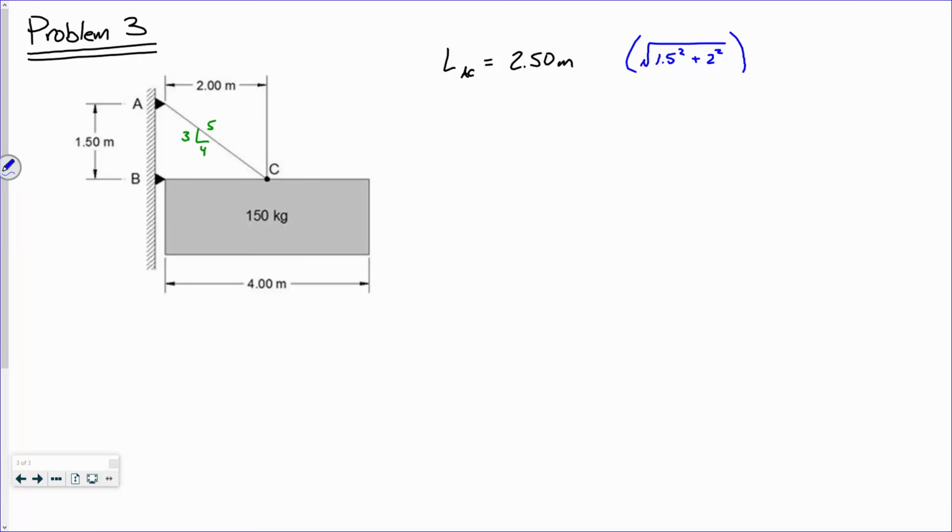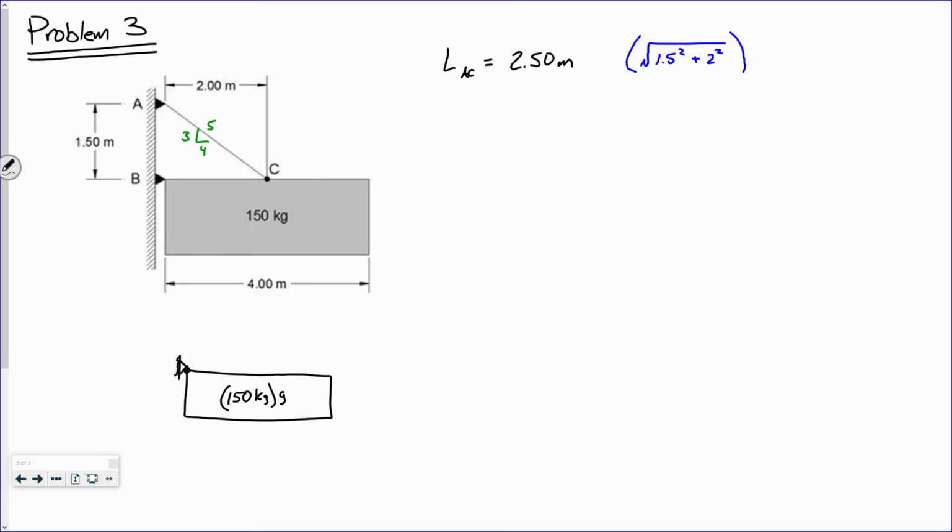Now, what I'm going to do is re-idealize this as follows. So I've got some sign, and it has a force going downward of 150 kg times g going down. I have a hinge right here.